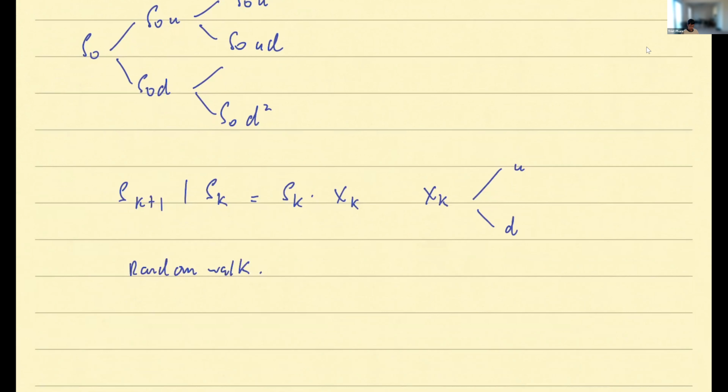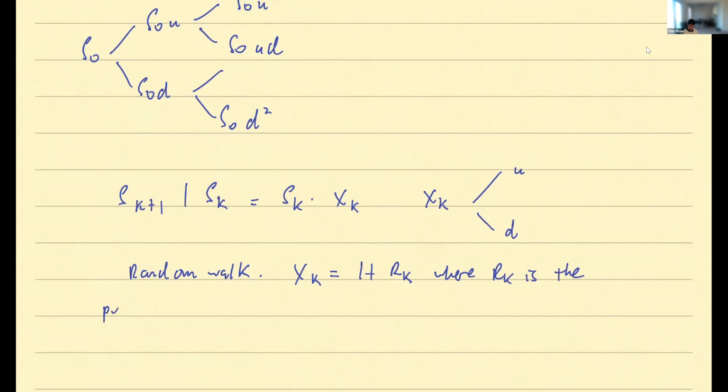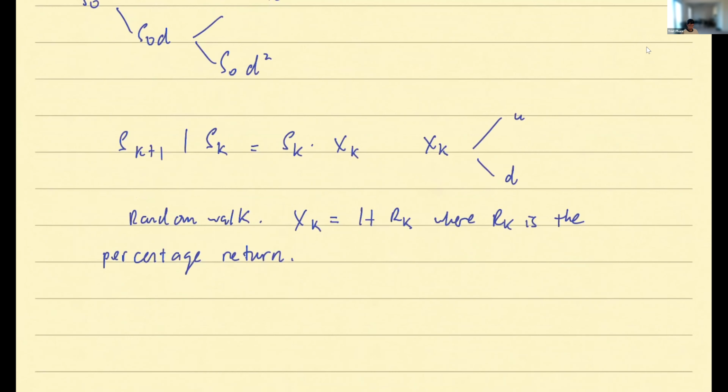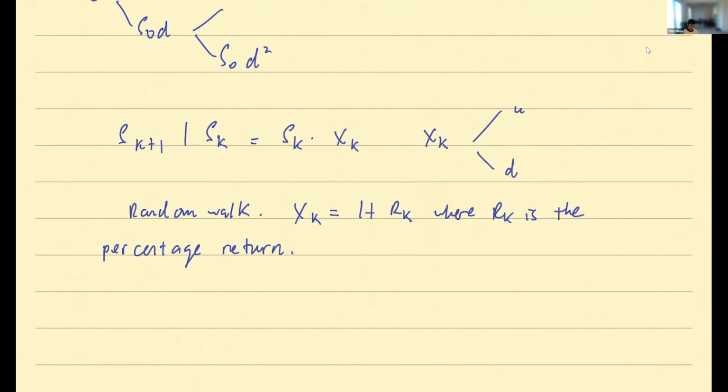It's very important to recognize that actually, right here, Xk is 1 plus Rk, where Rk is the percentage return. Now, why? The reason is you just check the definition. It's percentage return, not percentage return rate.